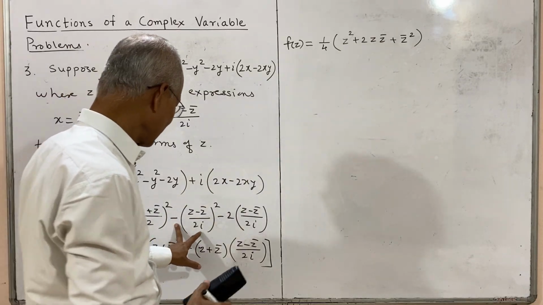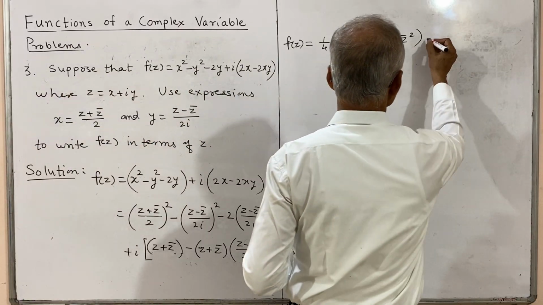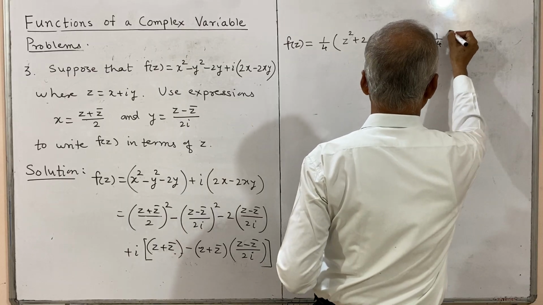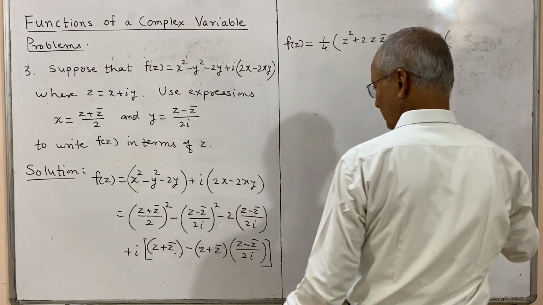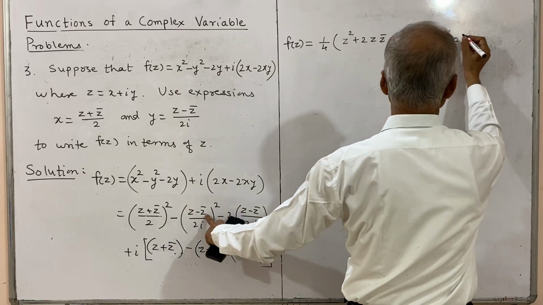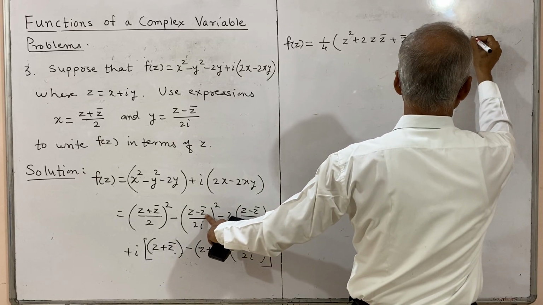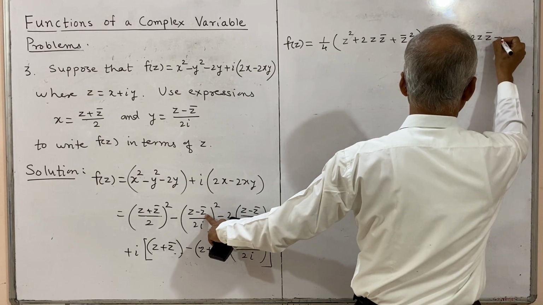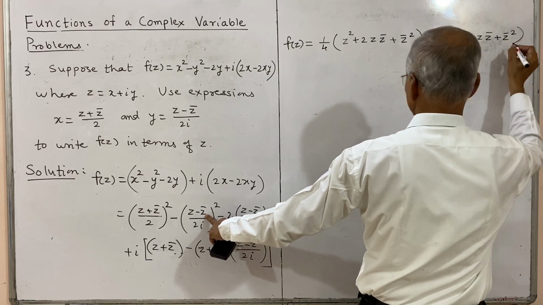So that minus 1 and this minus 1 becomes plus. So it is plus 1 by 4, and into bracket it is expansion of z minus z bar, z square minus 2z z bar and plus z bar square.